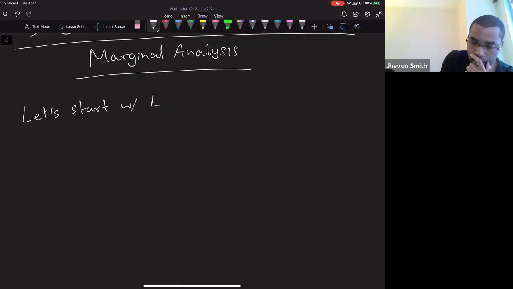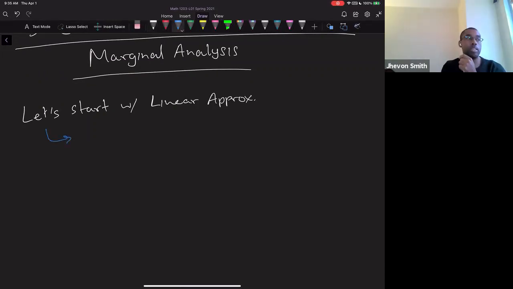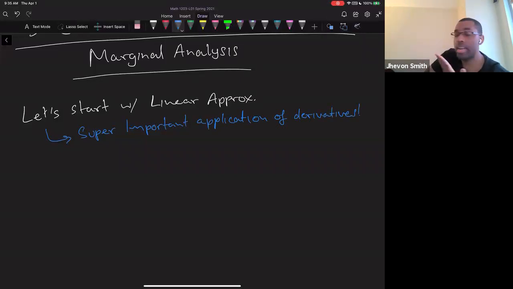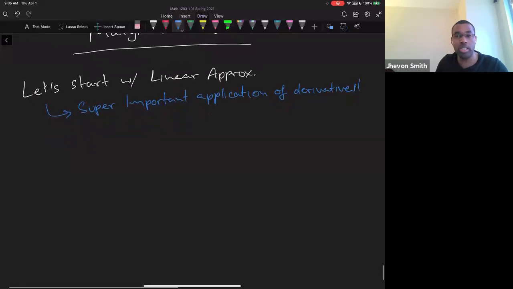Let's start with linear approximation. And what this is, it's a super important application of derivatives. Yes, derivatives are nice for finding maxes and mins and when functions are increasing and decreasing, but a lot of applications use linear approximation because sometimes we want to deal with very difficult functions and we want to use a tangent line to approximate them, like we did with the folium of Descartes.